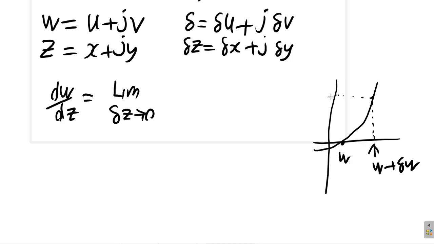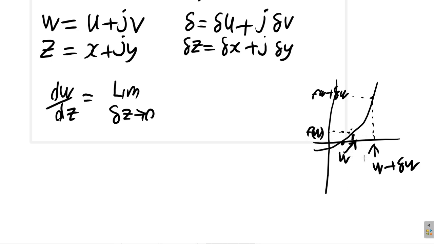And then this now would be f of W plus the change in W, and say W is here, this would be f of W, alright?